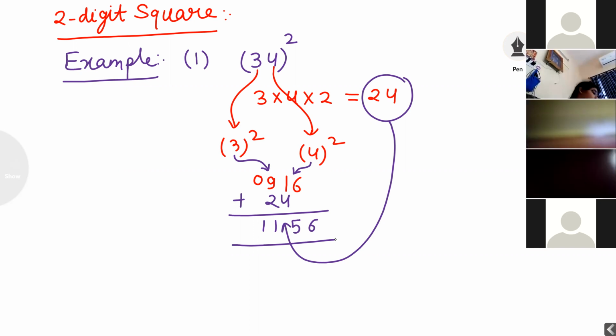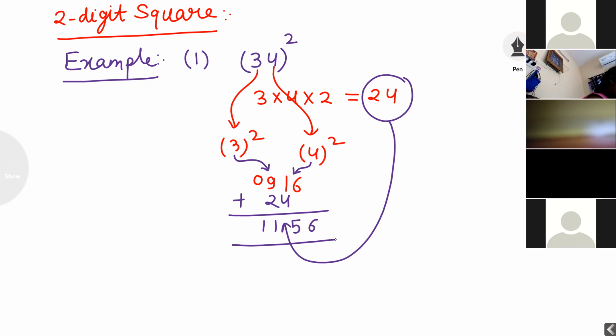Again, listen carefully to how I have explained. Whatever digits they have given, first step, I multiply all the digits: 3 into 4 into 2 is 24. This is the first step completed. Now what is the second step? Square of the ones place and square of the tens place. The square of the ones place, 4, is 16.